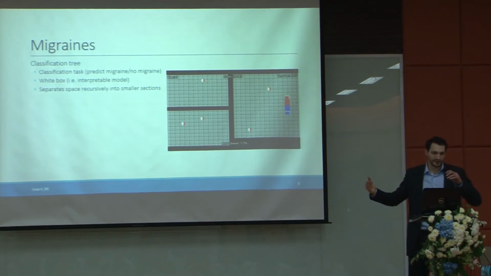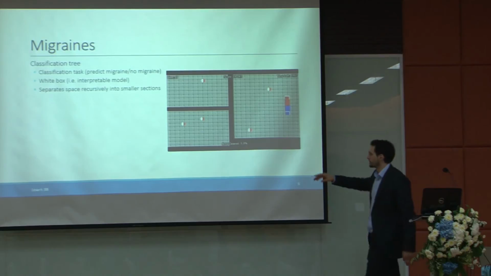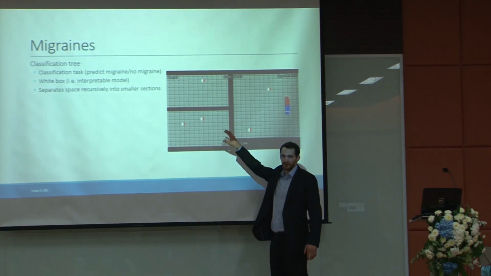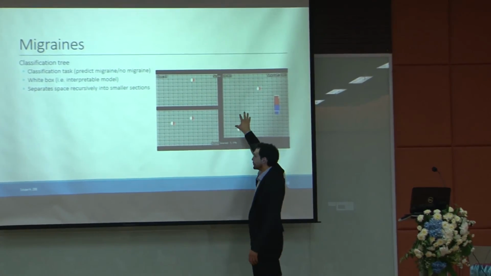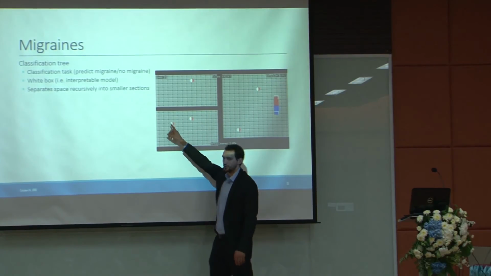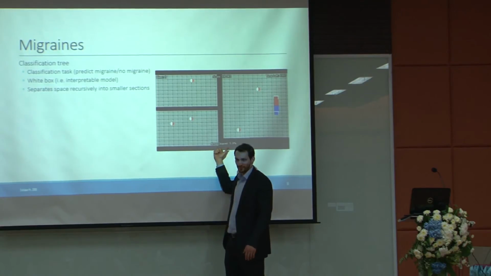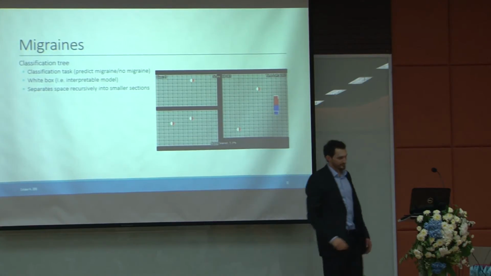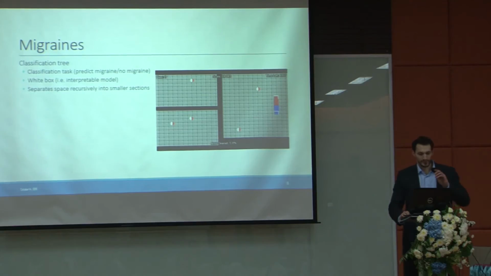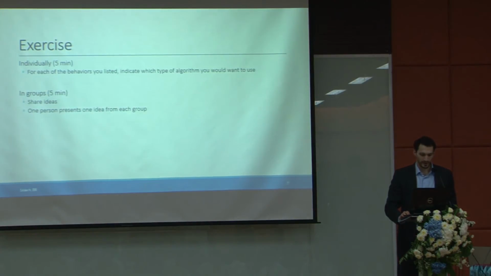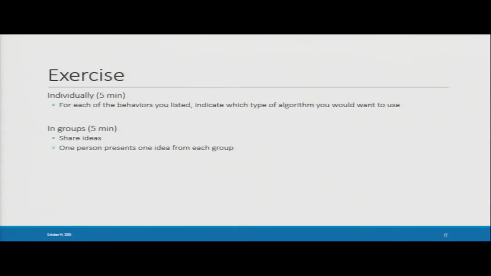So that's basically what a classification tree does. It separates it into these individual sections and then says, you know, migraine, no migraine, migraine, based on one value here and one value here. Maybe it makes sense. So that's what I did. So I did a classification task on my own data to predict whether or not I had migraine. Okay. We already did this mostly, so we can skip that.